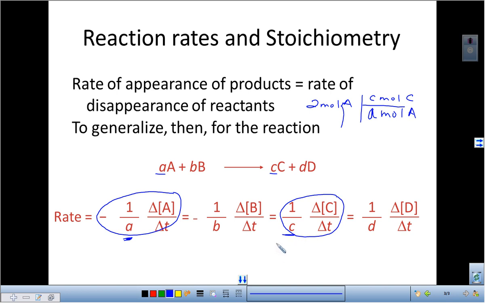They're the stoichiometric relationships, because for every 1 mole of A, how many moles of C do I get? I get c over a moles of C. Right here, we just did it.